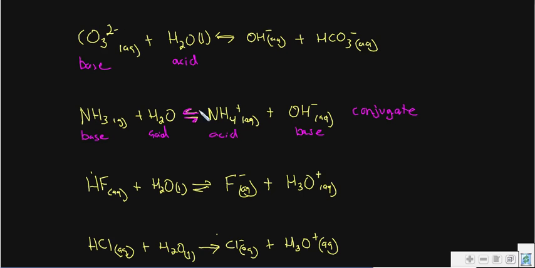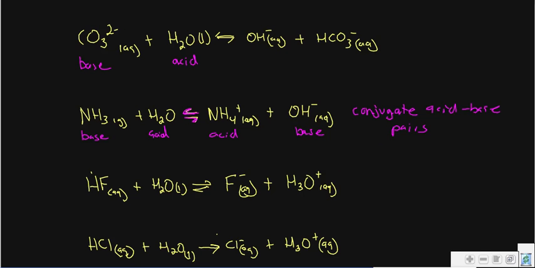They differ by a hydrogen ion, so they're conjugate acid-base pairs. Similarly, the water is an acid over here and a base over here, so it has its own conjugate acid-base pair.